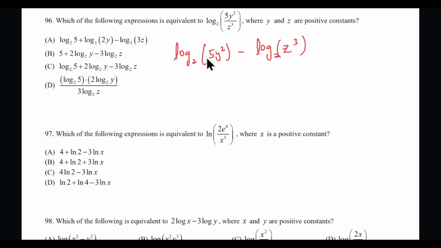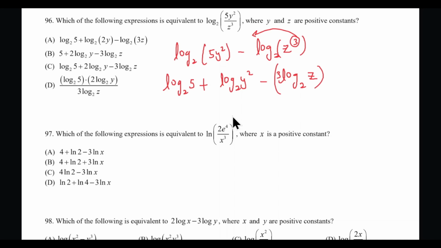Log of A times B can be written as log A plus log B, and this can be written as log with base 2 of Z. Make sure to put parentheses, because later on this negative sign will be distributed, and this 3 is going to jump outside as per the properties of log. So this is going to be 3.